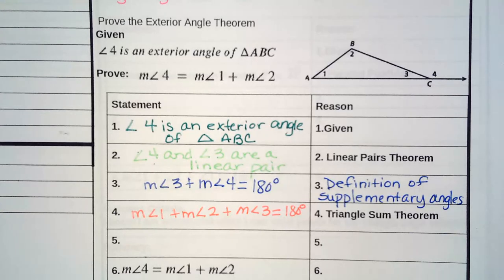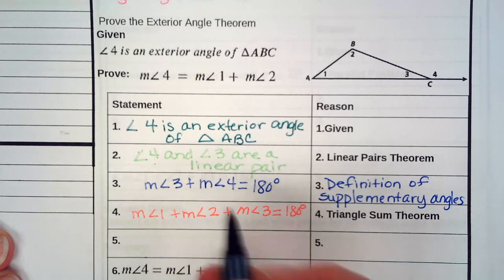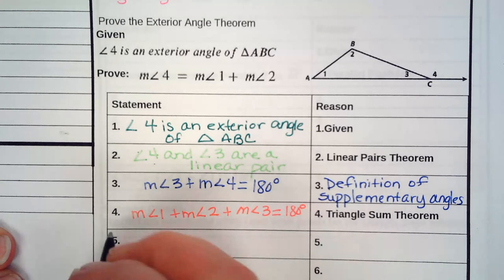As I'm looking at these two statements, statement 3 and statement 4, what do you notice? You notice that they're both equal to 180 degrees. If they're equal to 180 degrees, then these two will be equal to each other.